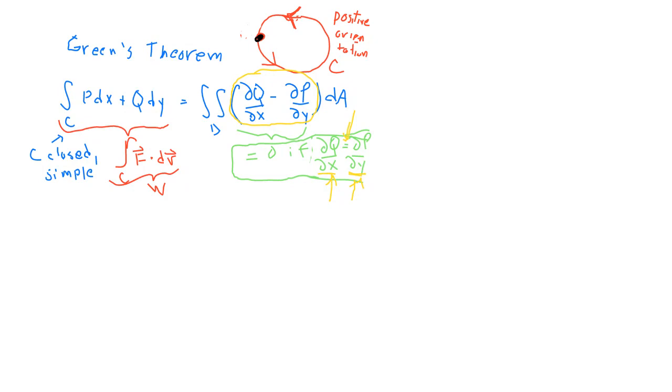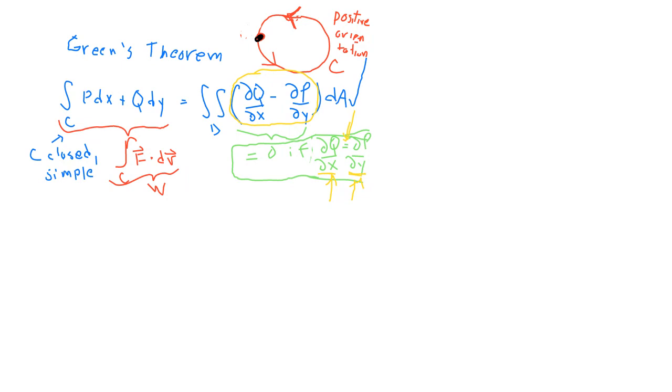Okay, so do you understand that what I'm trying to do is help you see, I give you Green's theorem. Here's Green's theorem, and it's proven in the book, but the proof is complicated.